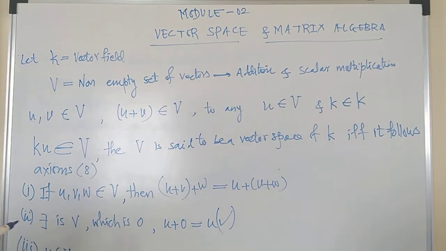The addition of a vector and its negative vector gives you 0. If this third axiom is followed, then the given set of vectors capital V is said to be a vector space.